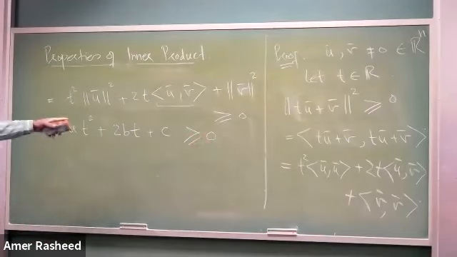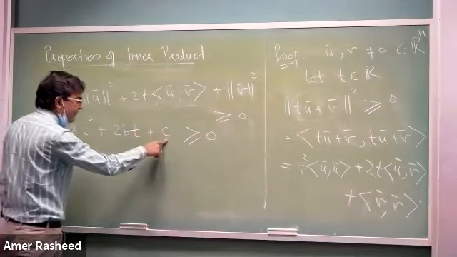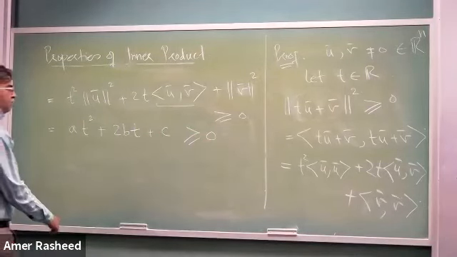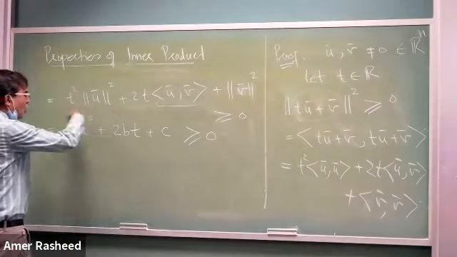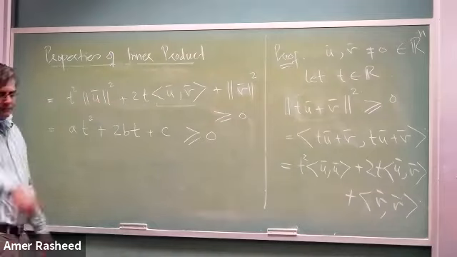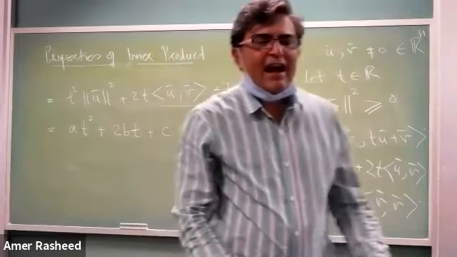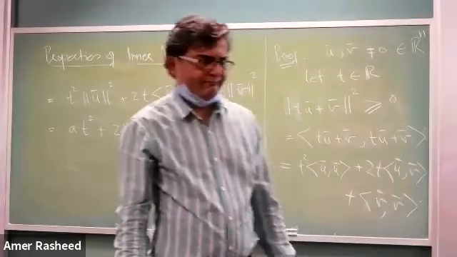Now, this is a quadratic equation with the positive constants. Here you have positive number, here you have positive number. Then this whole quadratic expression cannot have non-zero real roots.